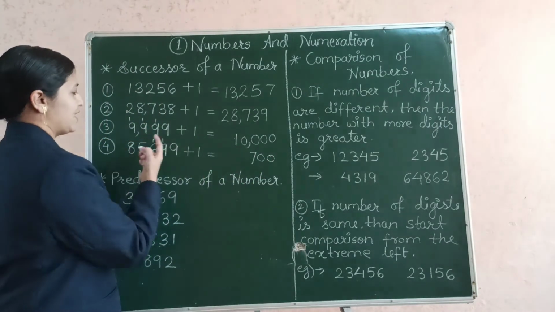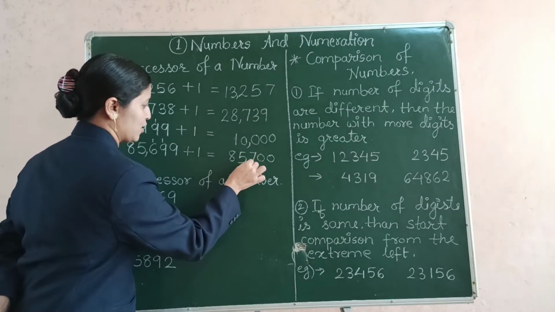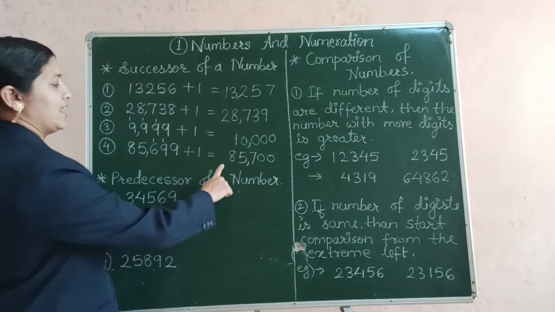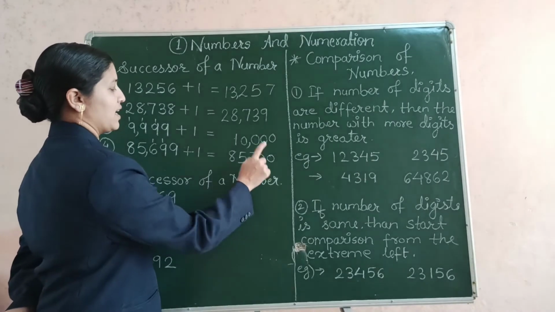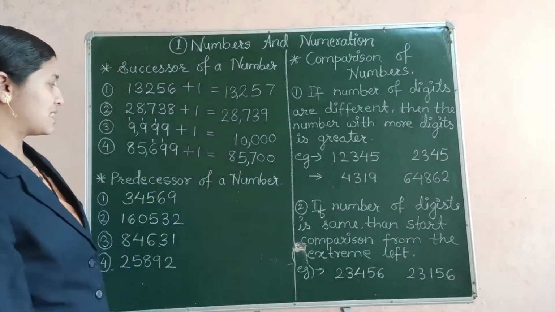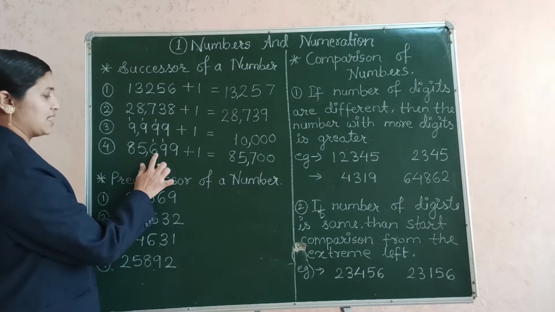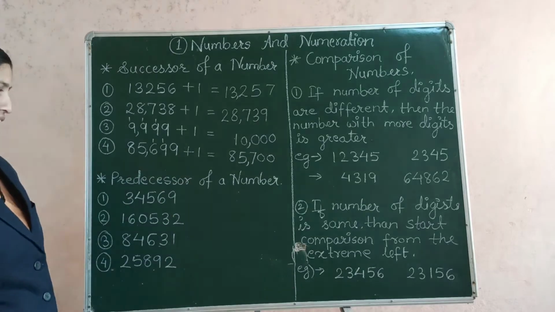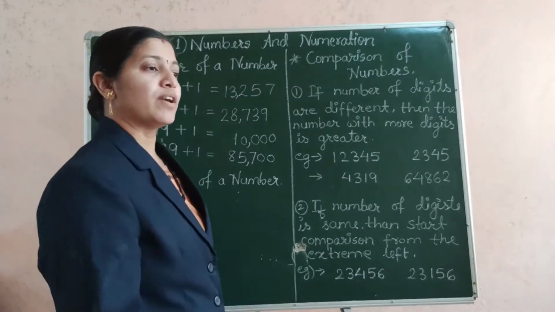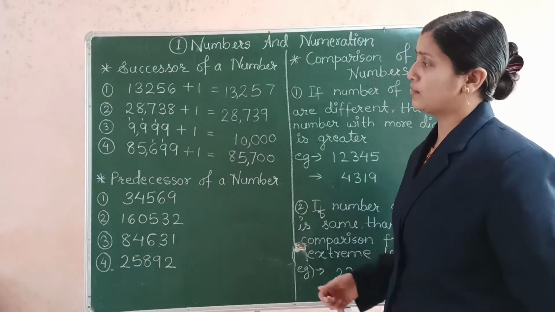And 5 and 8 stay as they are. So the answer is 85,700. 85,700 is the successor of the number 85,699. So this is the way to find the successor of any given number.